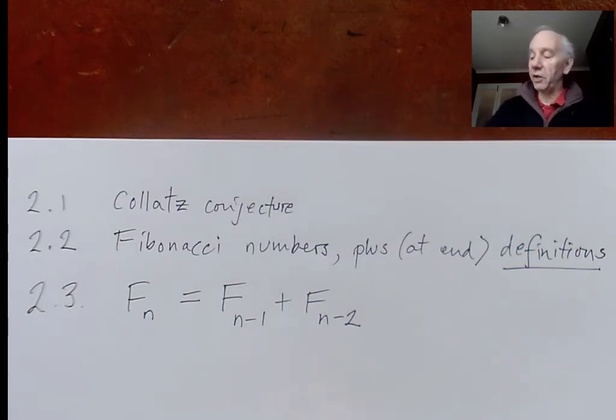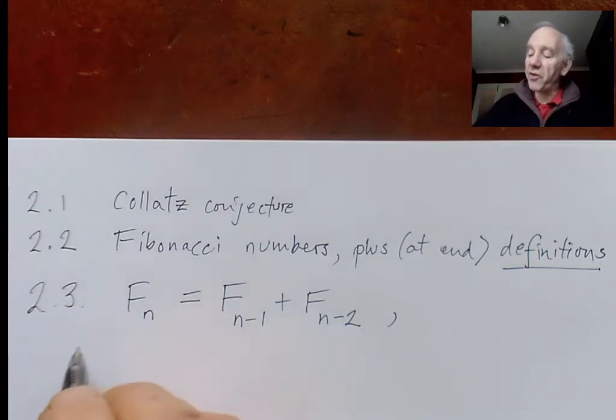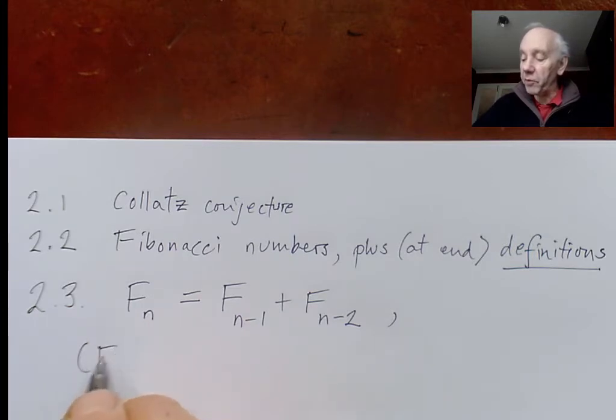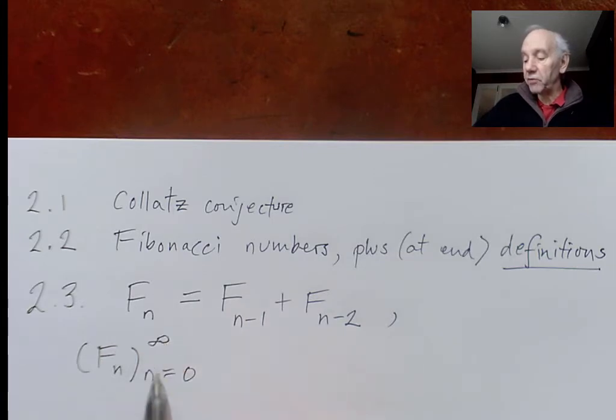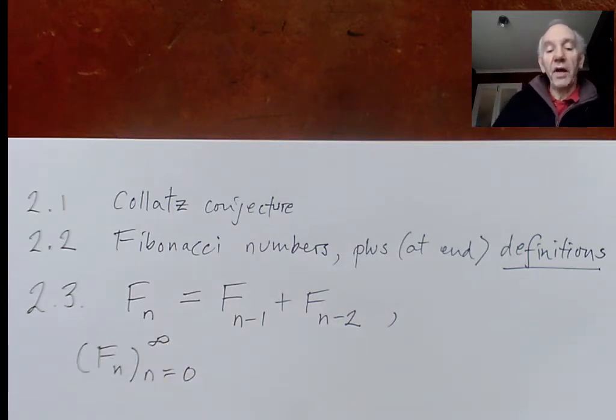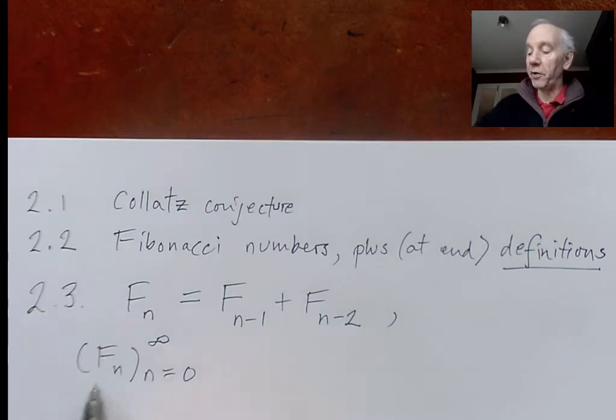Now, there will be many solutions unless we apply initial conditions. And the point here is that Fn is a sequence, so formally we should maybe put it in round brackets, and we normally think of it as starting when n is 0. Strictly speaking, n goes from 0 to infinity, all that sort of analysis notation, which we won't on the whole adopt.